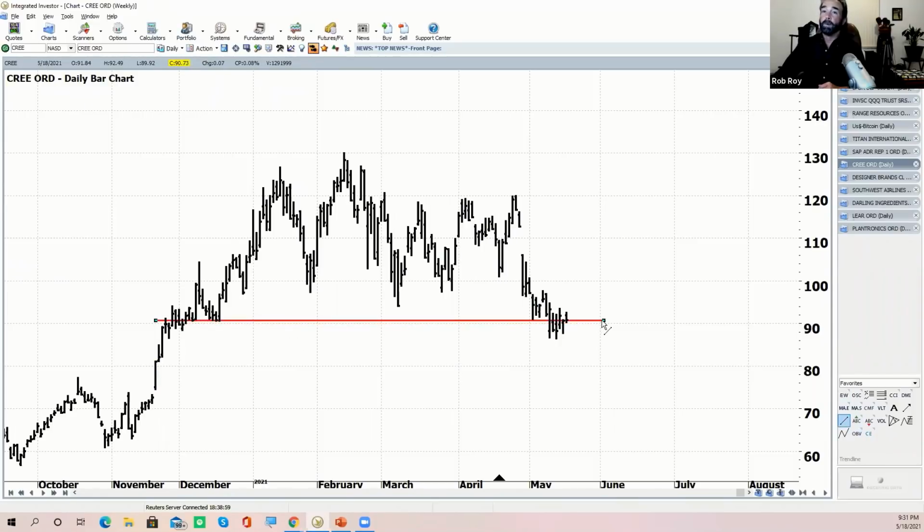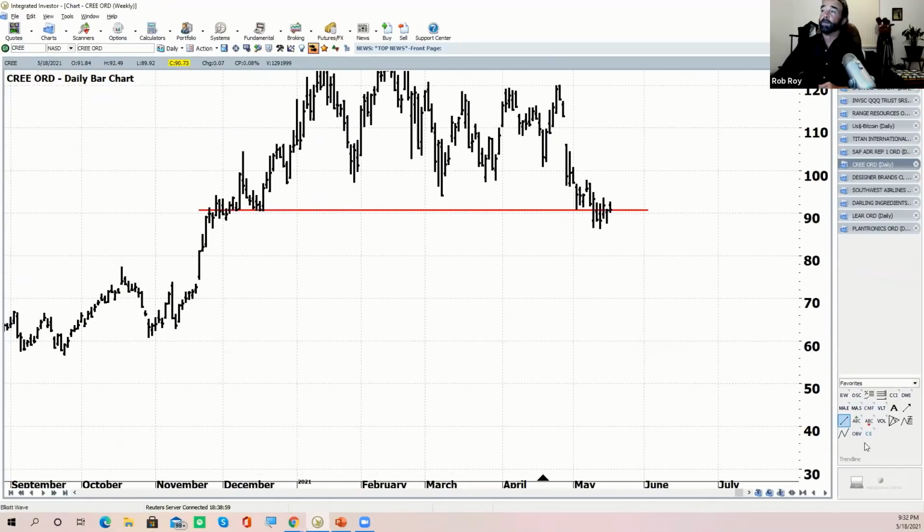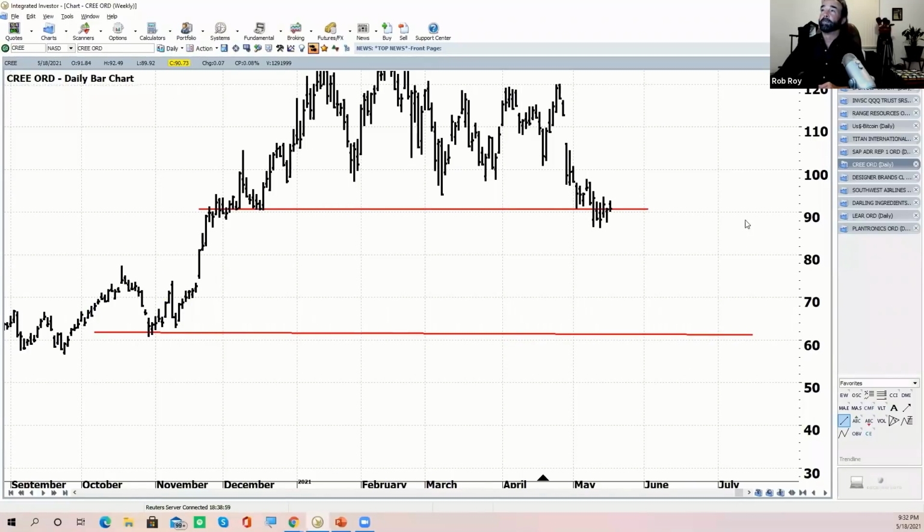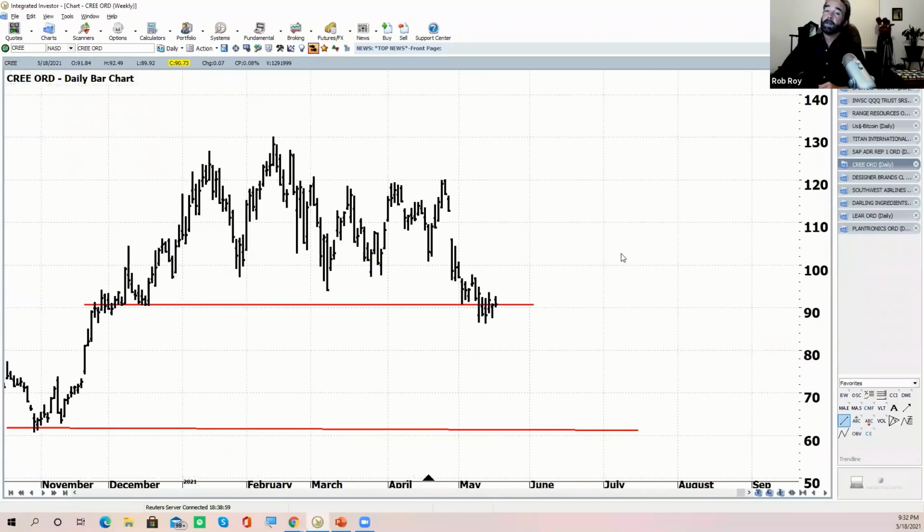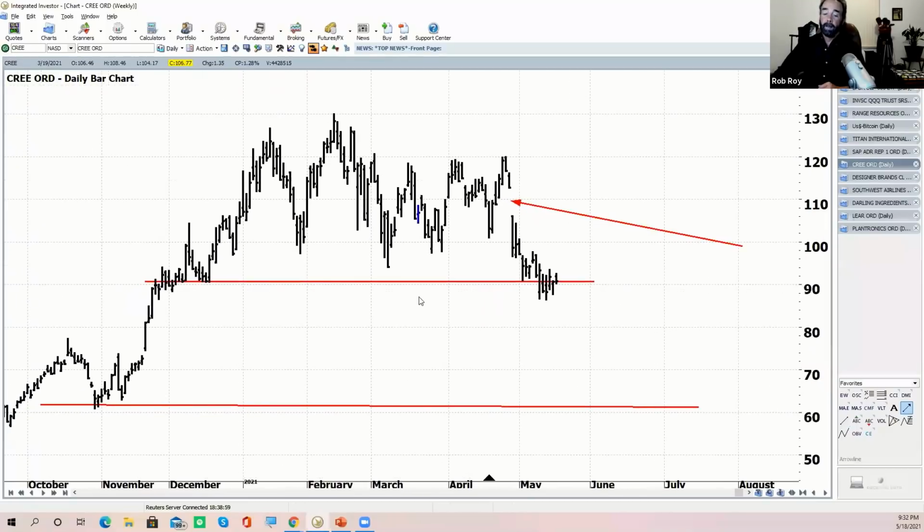Right there was support back in November. If that breaks, though, woo, that could be fun. If you're in this strangle, a move down to 60 is possible. There's one of those gaps looming that I'm sure you're looking at. But not a whole lot has happened on this one over the past week.